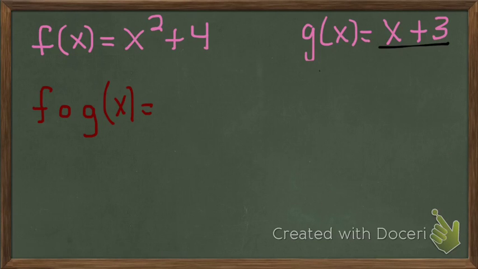Composition of functions looks like f of g, or if I had it backwards it would look like g of f. What this tells us is that we're going to put g of x inside of f of x. So it's going to be kind of like this.